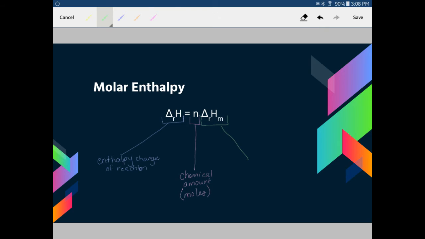Okay, so this is called molar enthalpy of reaction. So again, be very careful not to get confused. There's really only 3 variables involved. Okay, we have our enthalpy, our moles, and our molar enthalpy. These are the only 3 variables that are involved in this reaction.